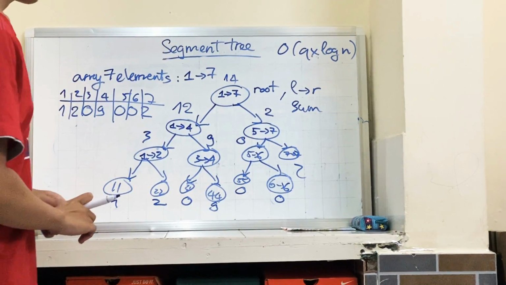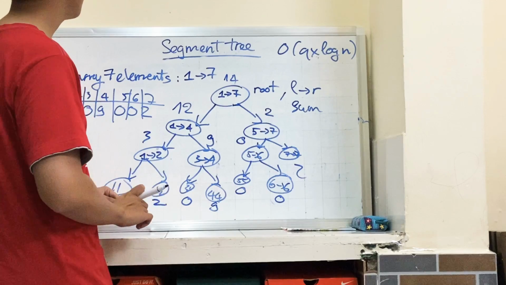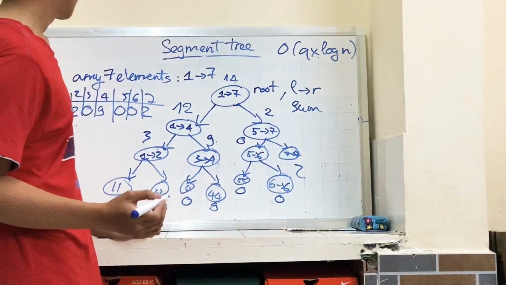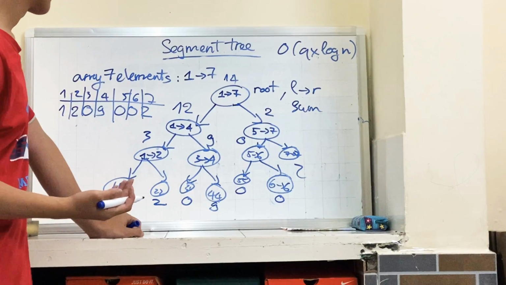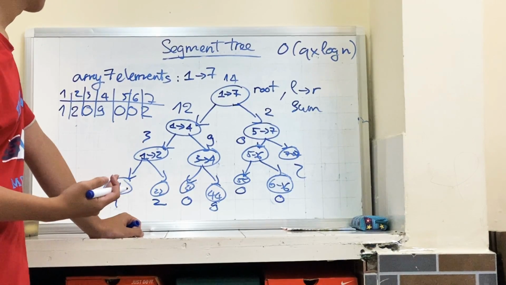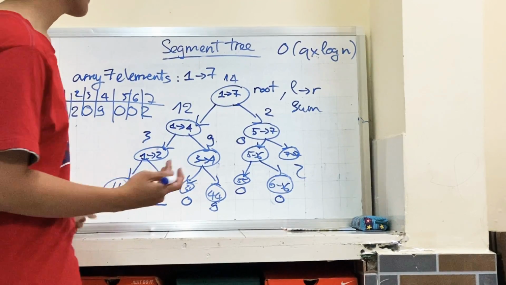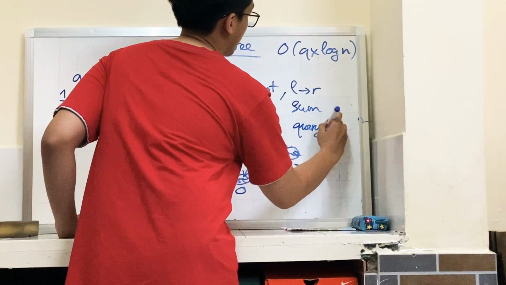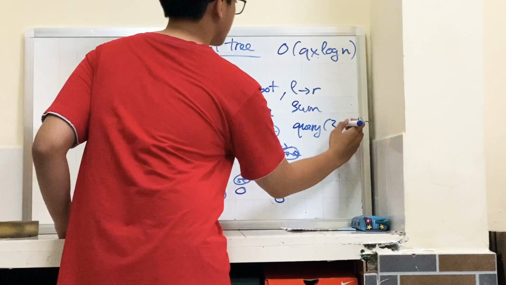When you ask a query from left to right, for example, I want to know the sum of the interval from 3 to 6. So I ask the query from 3 to 6.